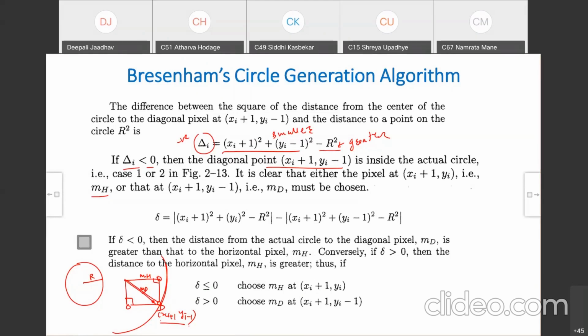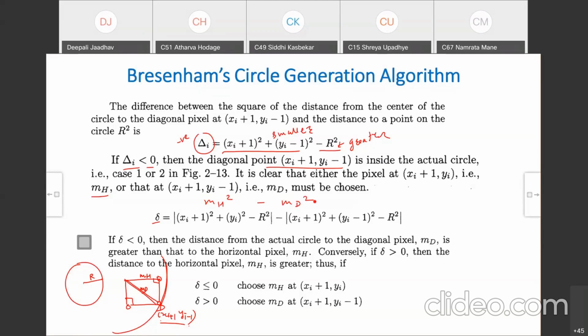Then how to calculate it? How to compare it? Again, the square of this and the square of this we need to compare. Whichever is smaller is nearer, so that we need to select. So here we use lowercase delta, equal to mh square minus md square.